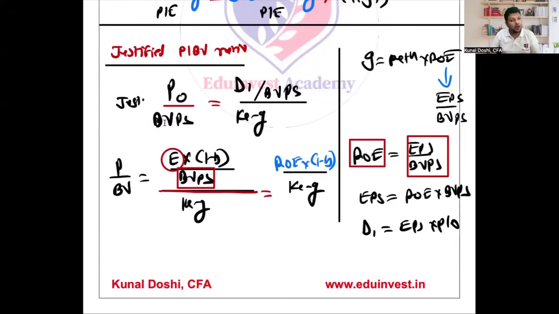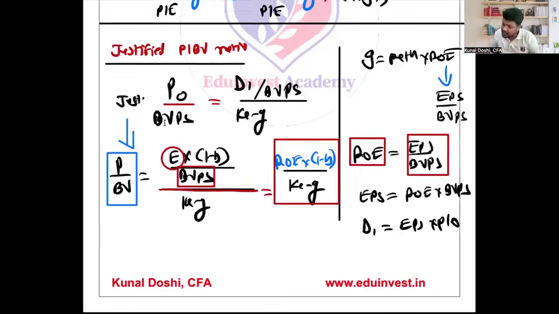Understood, everyone? ROE into 1 minus B over the cost of equity minus growth. Why? Because earnings over book value is nothing but ROE. Everyone with me on this? Eventually, you have to remember this formula. Your justified price to book value is ROE into 1 minus B over cost of equity minus growth. Correct. Everyone in the class, right?